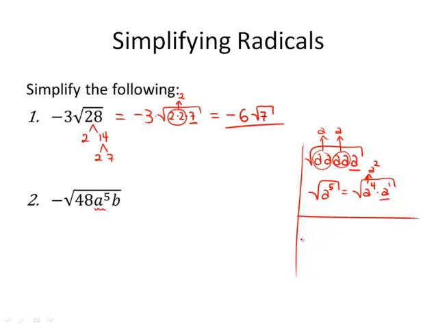So another example would be, say you had the square root of x to the 21. Well, maybe you don't want to write out 21 x's and see how many pairs are in there. You can imagine it in your mind. But you can also write this as x to the 20 times x to the 1, which then gives you the idea that, hey, the square root of x to the 20 is really saying how many pairs can I make in 20?